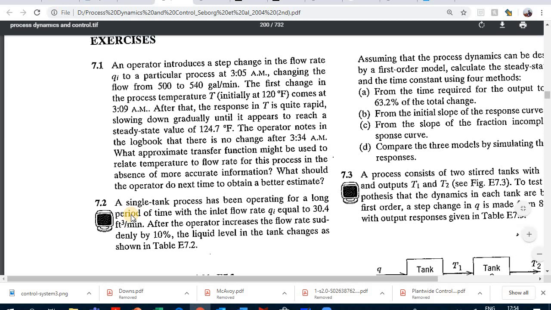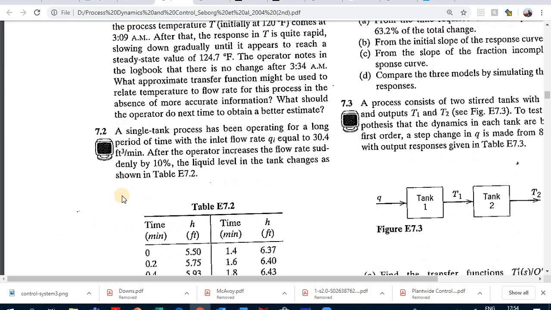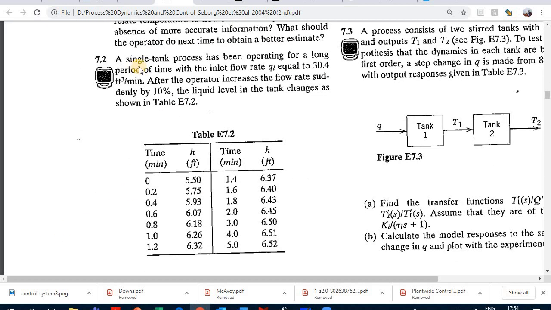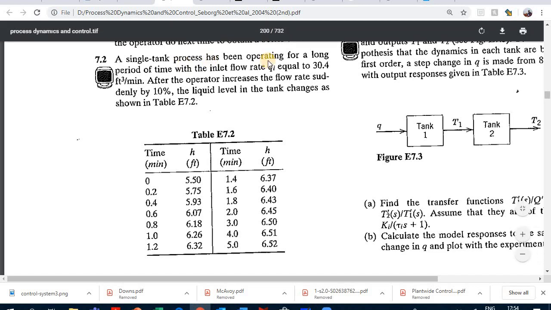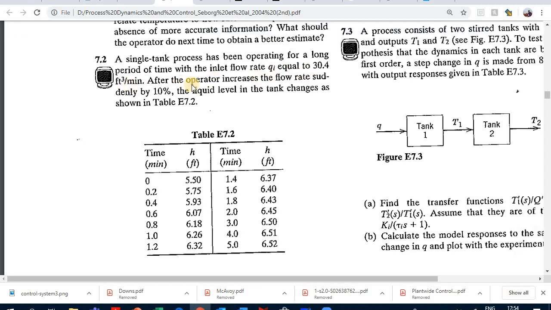So now we'll go to 7.2. It says that we have a single tank that has been operating for a long time with an inlet flow rate Qi equal to 30.4 cubic feet per minute. After, the operator increases the flow rate suddenly by 10%.